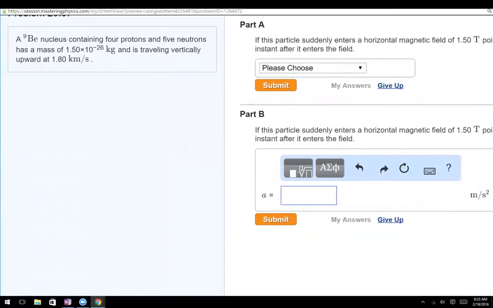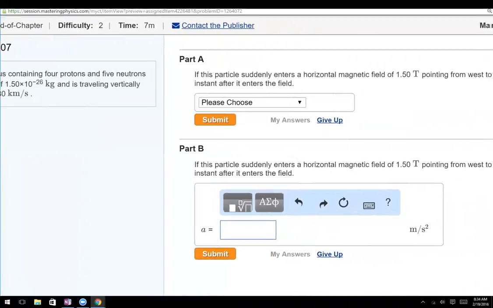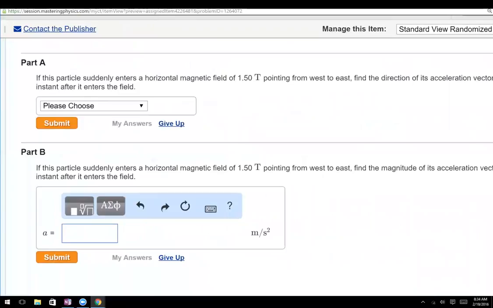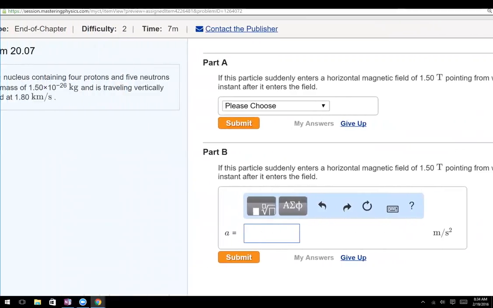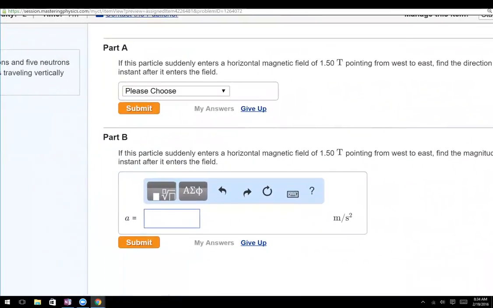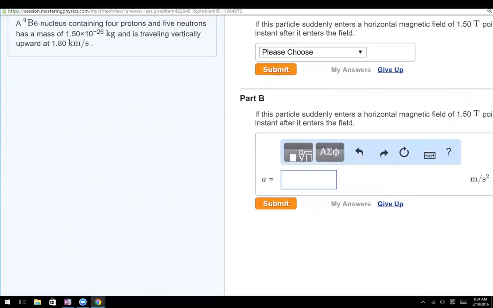Okay, a beryllium nucleus has 4 protons and 5 neutrons, and the mass of that is traveling vertically at that speed. This particle suddenly enters a horizontal magnetic field of 1.5 Tesla from west to east. Find the direction of the acceleration vector the instant it enters the field. It's going from west to east, and it's traveling vertically.